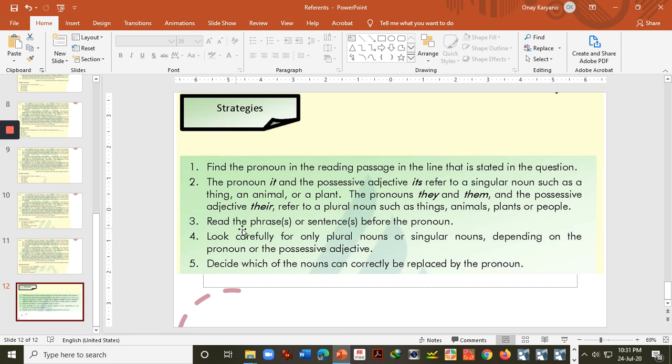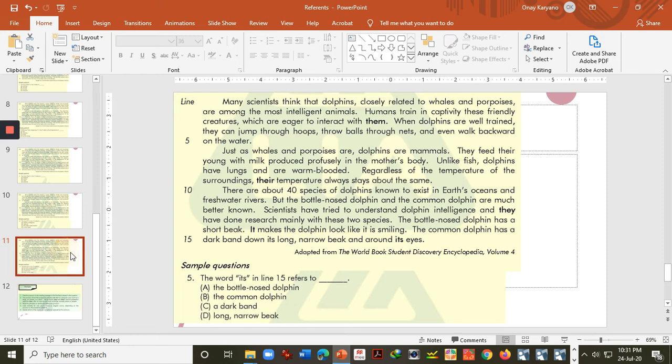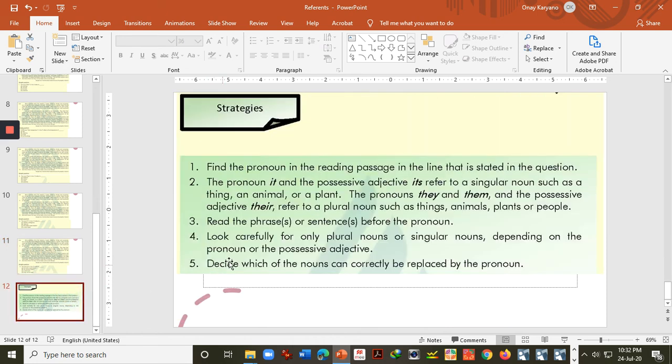Okay, and then always read the phrases or the sentences before the pronoun. Jadi kalau pronounnya ini datangnya di sini they, kita cari di belakangnya. Ini phrase-nya. Kalau tidak ketemu, ya kita cari di just like this, it makes the dolphin. Berarti kita harus cari kalimat sebelumnya. Jadi kita bisa temukan di phrase sebelumnya or the previous sentence.